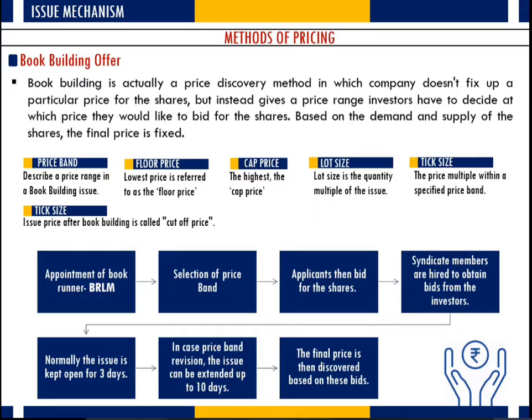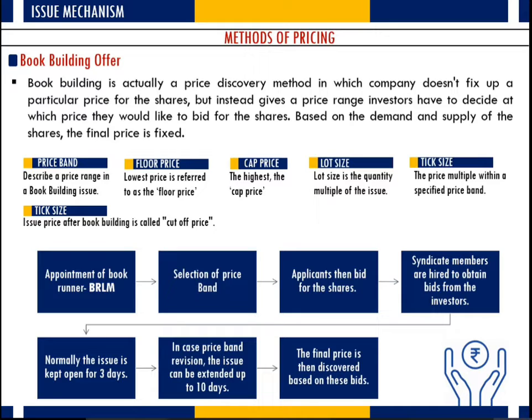So let's say if the price is 100 rupees, and 1 lot is 100 shares, then 100 rupees into 100 shares will become 10,000. So 10,000 is the tick size. Right, so that's how it works. Then cutoff price, as I mentioned, the rate at which the shares get allotted is called the cutoff price.